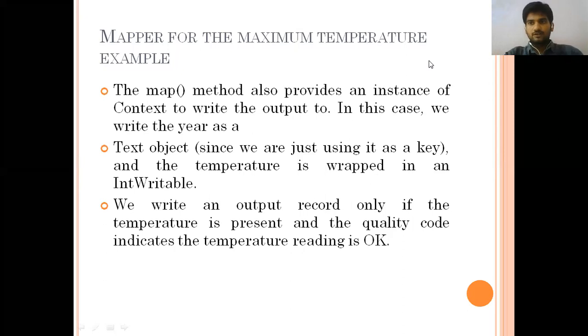What is the functionality of this mapper? One thing is that it provides the key value set. That is the main functionality of the mapper function. Then what is another one? It will definitely use it from here: the quality code indicates the temperature reading is okay, the temperature is present.